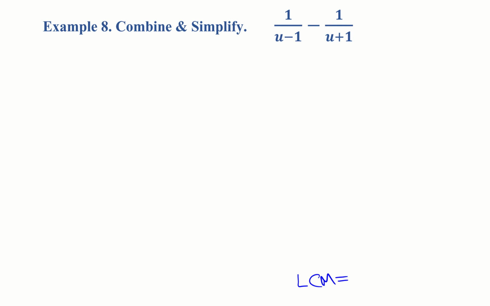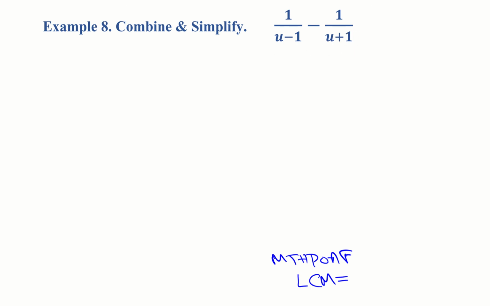And of course, remember, for the LCM, we multiply the highest power of all factors. Here we have two binomial factors, meaning two factors which each have two terms, right? So the highest power of u minus 1 that we see is just itself, and the highest power of u plus 1 that we see is itself.